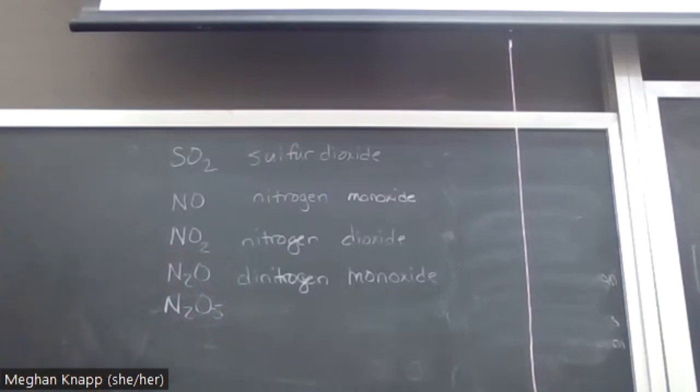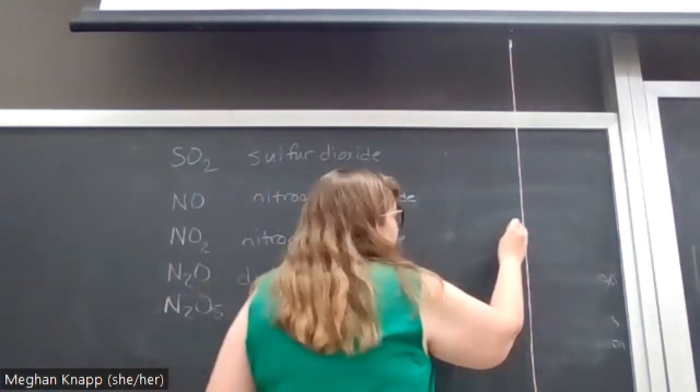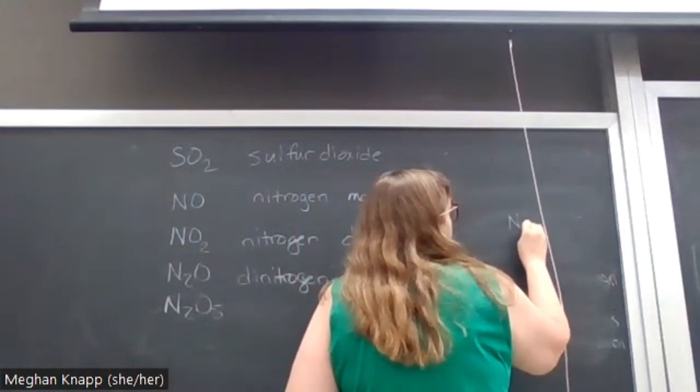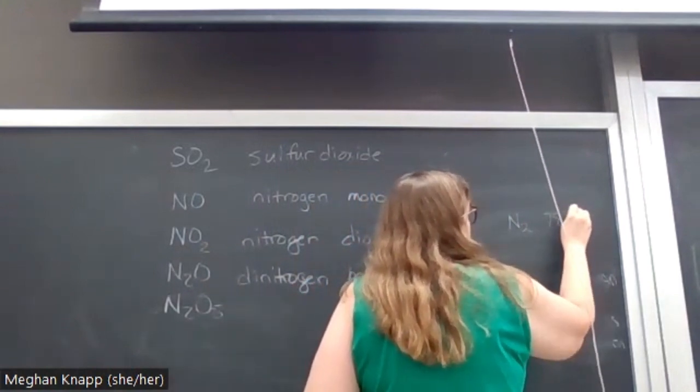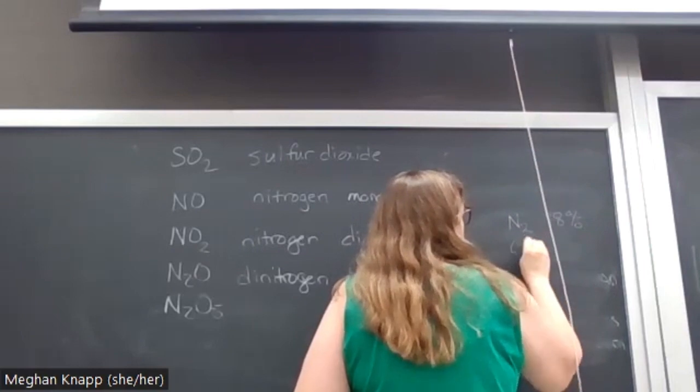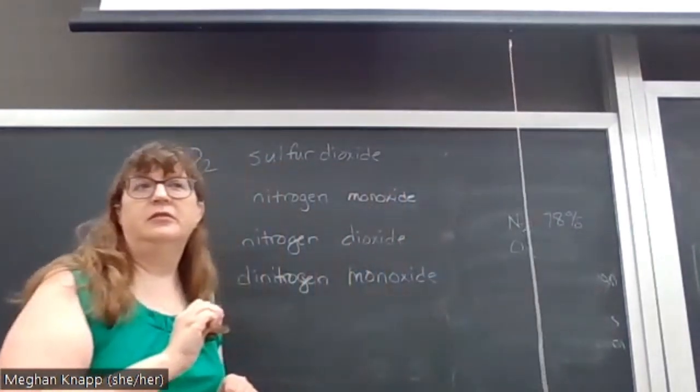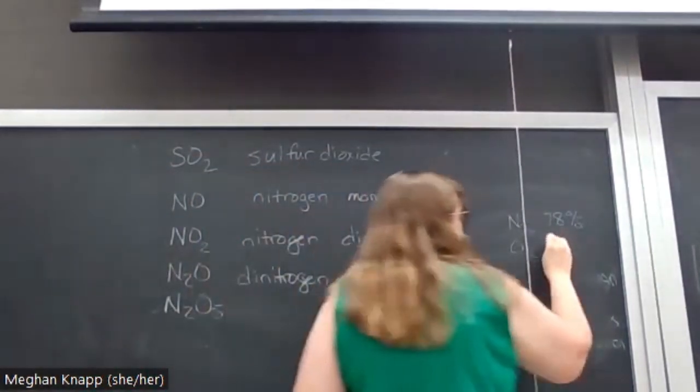So what is the percent of nitrogen in our normal air? In this room, what's the percent? That's one you got to know. 78, okay? So in the atmosphere, N2 is 78%, and O2 is 21.